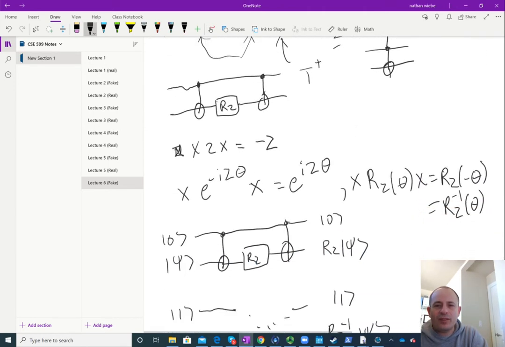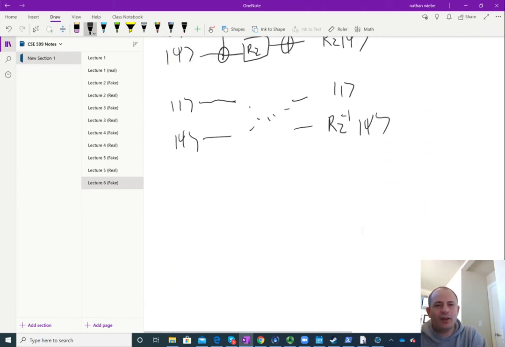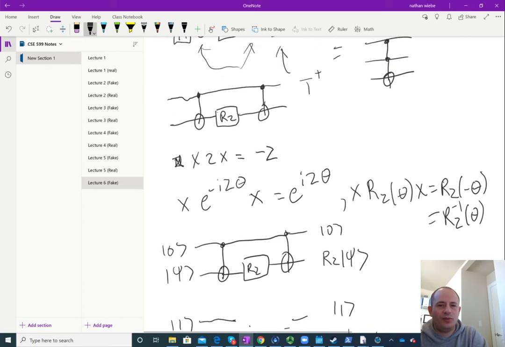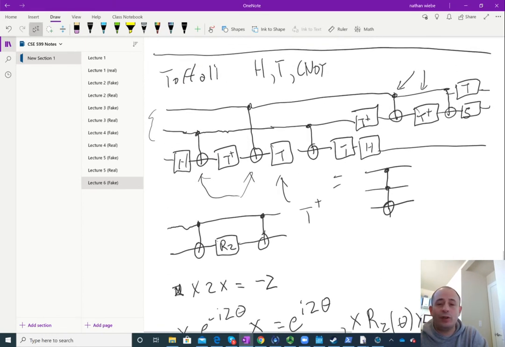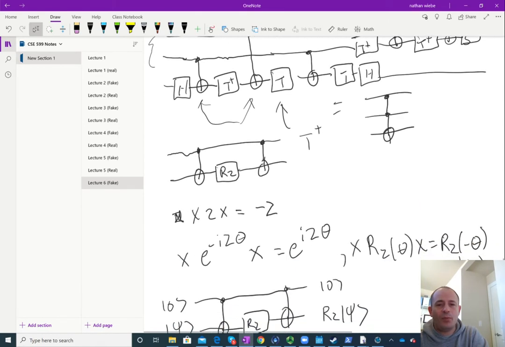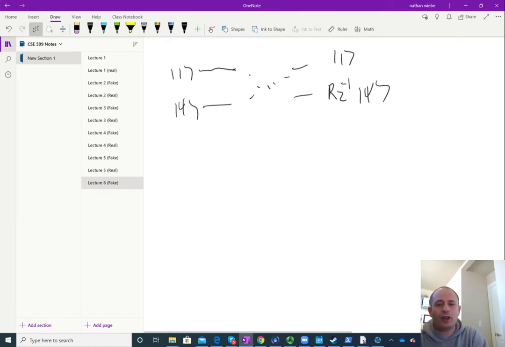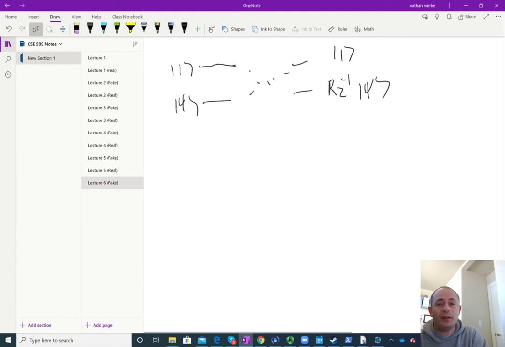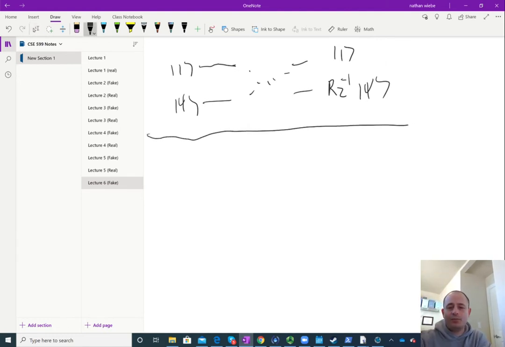So that's more or less that. So Toffoli can be implemented using these, and because I showed that everything else can be implemented using straightforward logic, we can implement all unitary transformations using this discrete gate set.